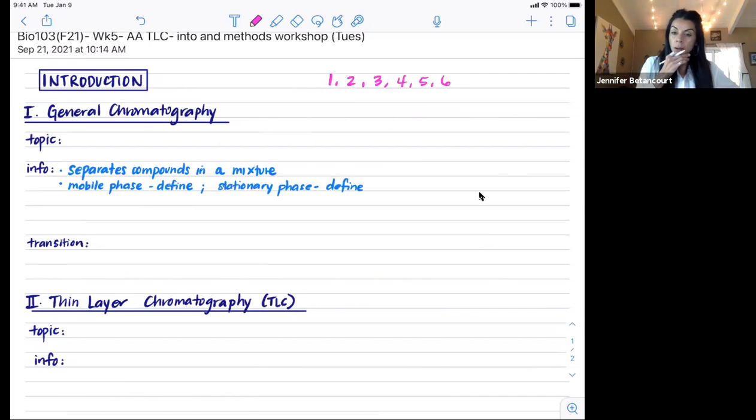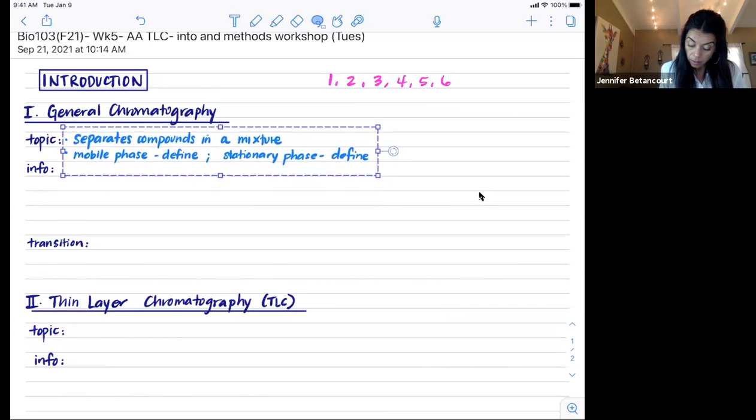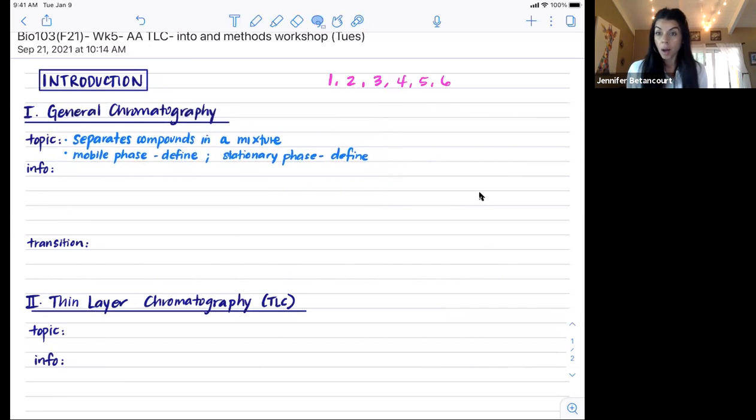Okay, so this looks really great. Most people, and I'm not saying that if you didn't write this, it's wrong, but I'm just going with the general population here in class today, actually took both of these ideas and created a topic sentence with those details. And that's absolutely okay.